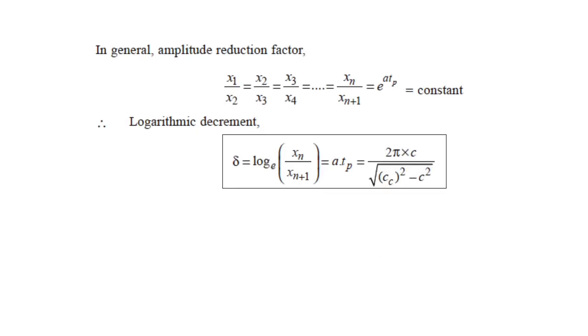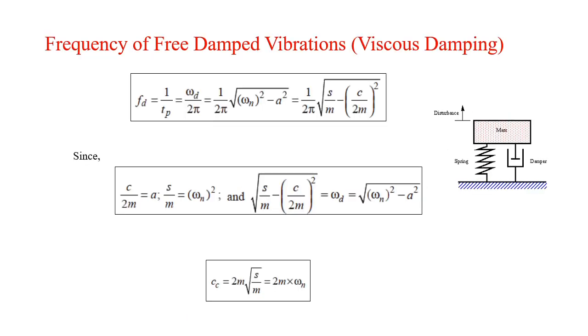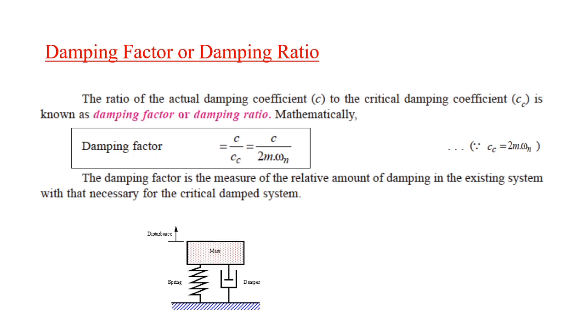Next, we will solve some problems based on whatever up till now we have seen. We have seen the formulas such as the formula for circular frequency of damped vibration fd is equal to 1 upon twice pi square root omega n square minus a square, where a is equal to c by twice m, omega n is equal to square root s by m, cc is the critical damping coefficient, it is equal to twice m into omega n, and we have seen the formula for damping factor is equal to c upon cc.